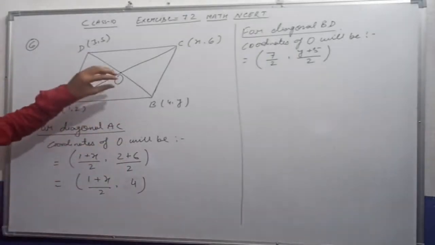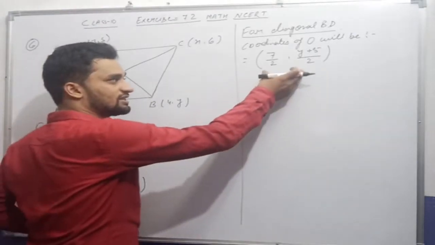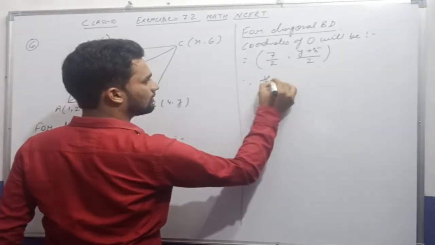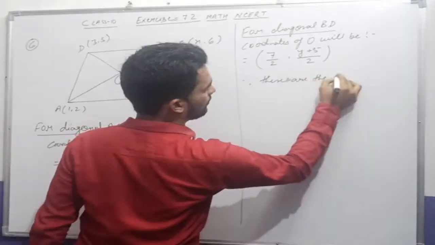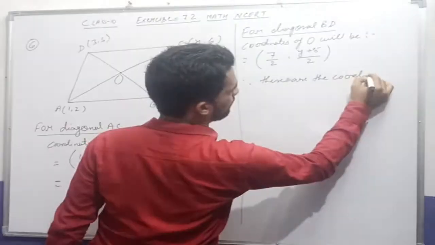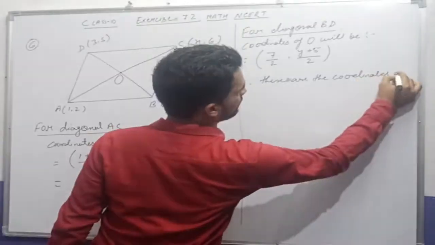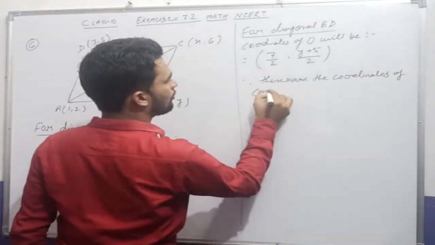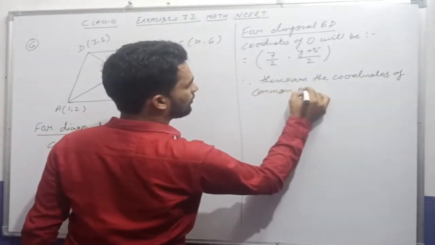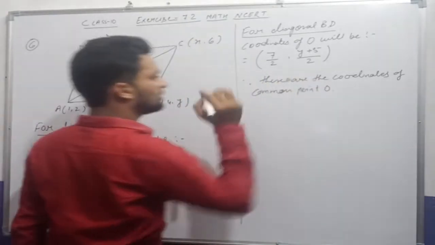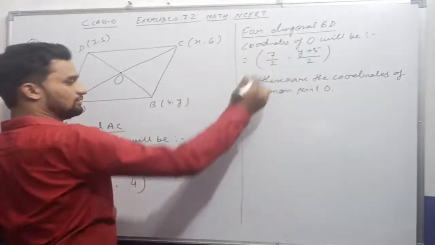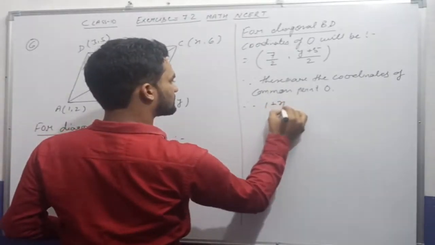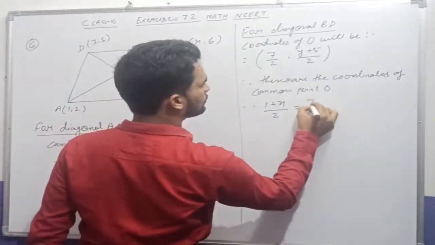And since these are the coordinates of the same common point O, therefore x must be equal to this x. So (1 plus x) upon 2 must be equal to 7 by 2.